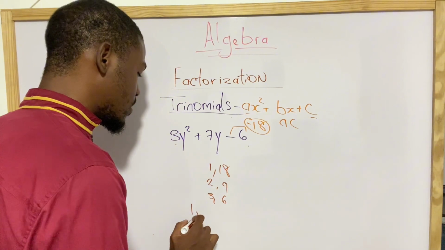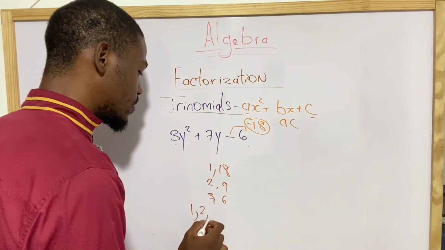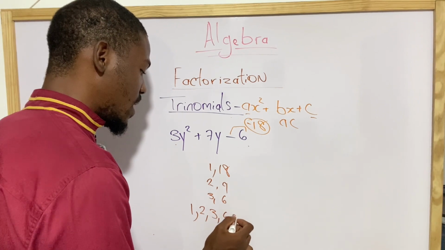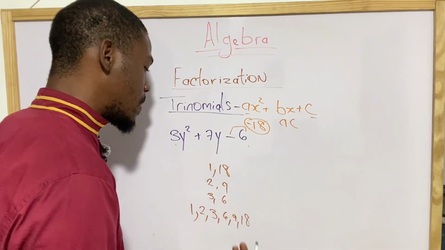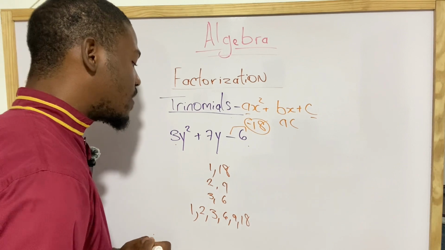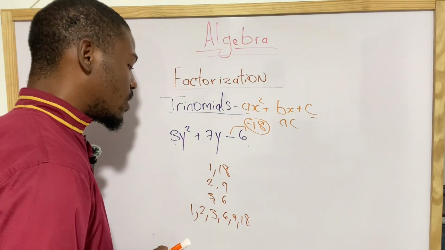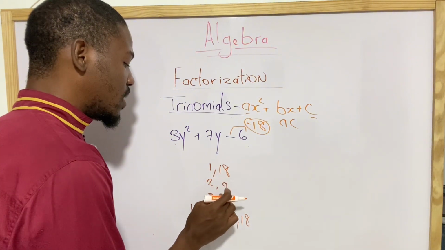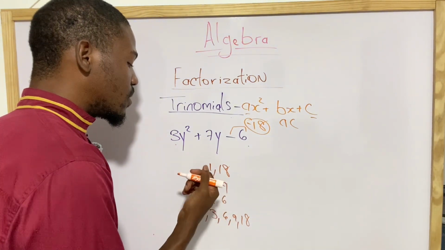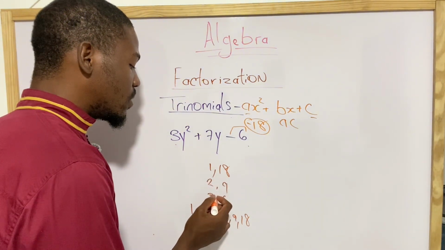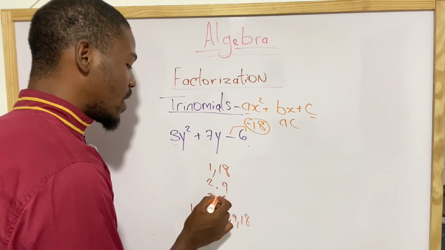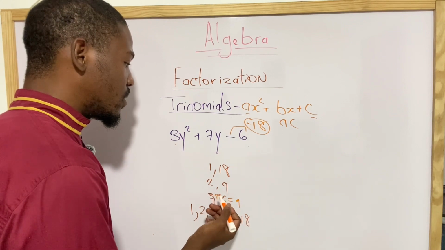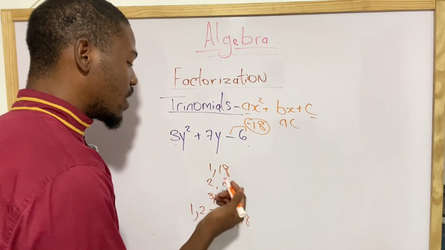Let me just write them out: 1, 2, 3, 6, 9, and 18. In listing out the factors of 18, if we look carefully at our pairs, we have 1 and 18, 2 and 9, 3 and 6. If we were to add the 3 and the 6, it gives us 9, so we can't use that.